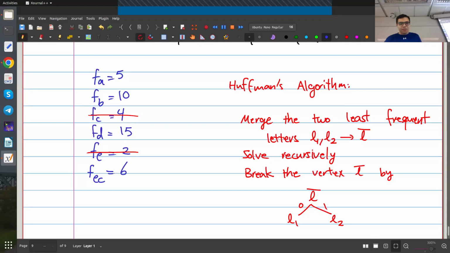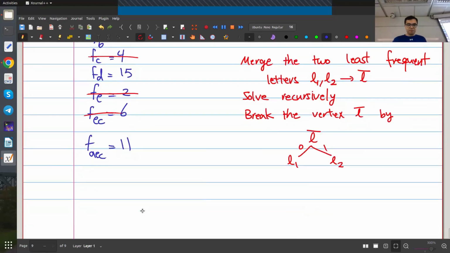And this one will have a frequency of 6, just the sum of the frequencies of the previous ones. Okay, now again, take the 2 with the fewest frequencies. So I have A, which is 5, and EC, which is 6, and just create a new letter. Let's call it AEC. And this one will have a frequency of 11.